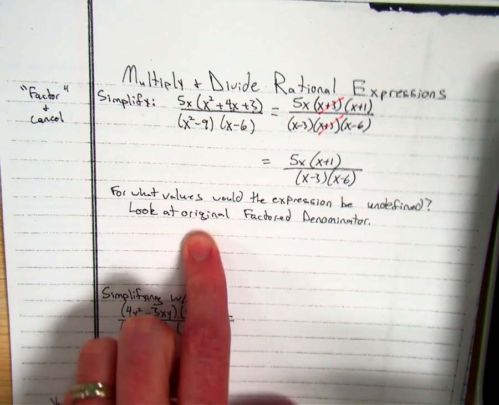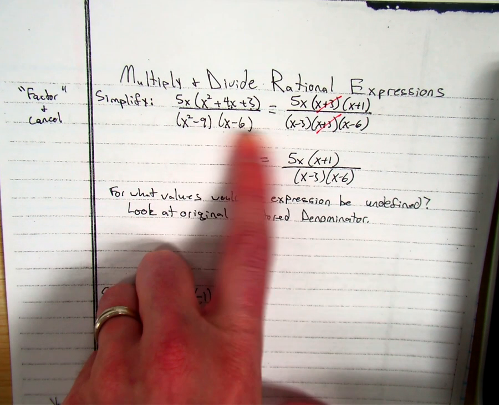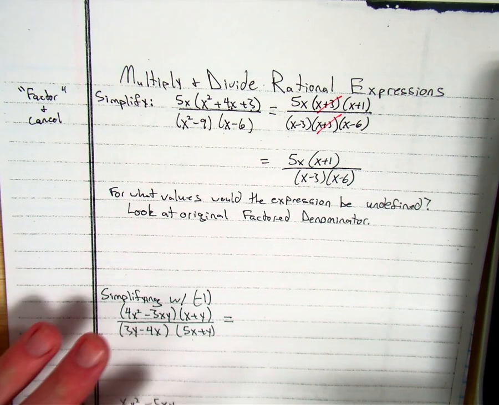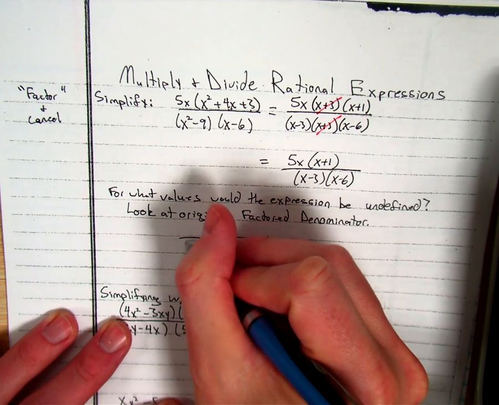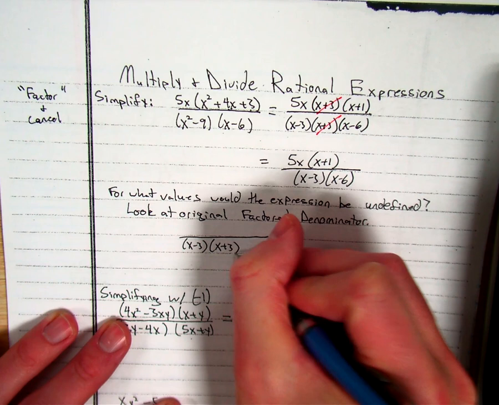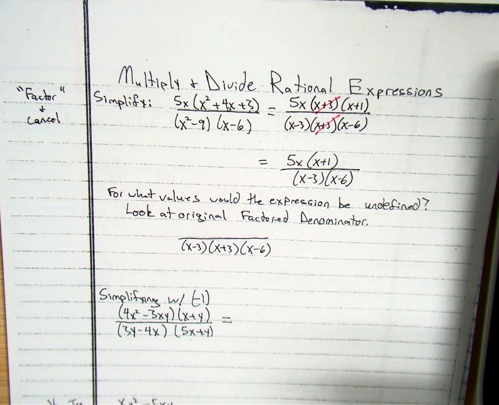Alright, for what values of x would that expression be undefined? Look at the original factored denominator. So looking back at the original problem before we simplified, our denominator was x minus 3, x plus 3, and x minus 6. Okay, we cannot have the denominator equaling 0. And because it's multiplication all the way across down there, as soon as any one of these equals 0, the whole bottom is going to be 0.